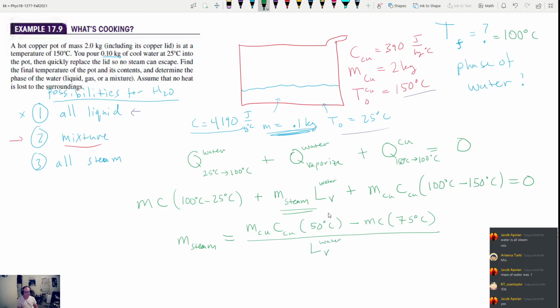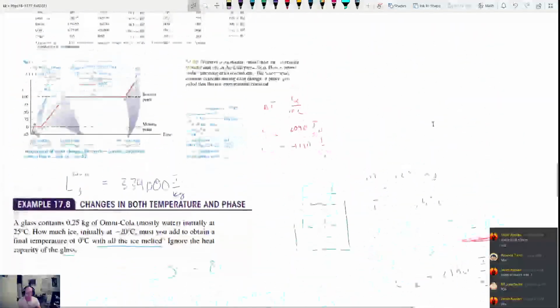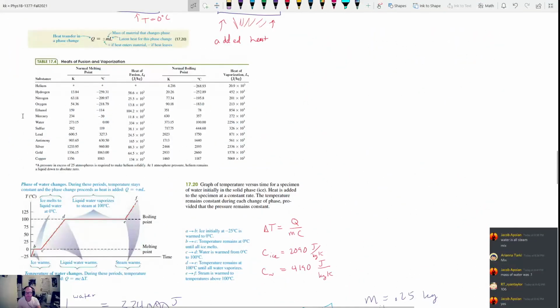This is going to have units of joules. Yeah, we're going to get kilograms out of this for sure. The latent heat of vaporization for water was something like 2.2 million. To get the exact number off this data table right here, it's 2.256 million.